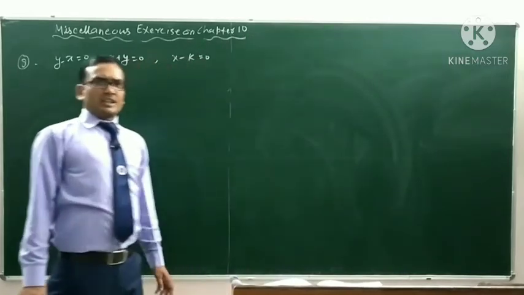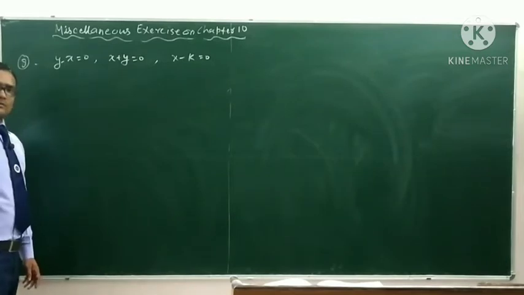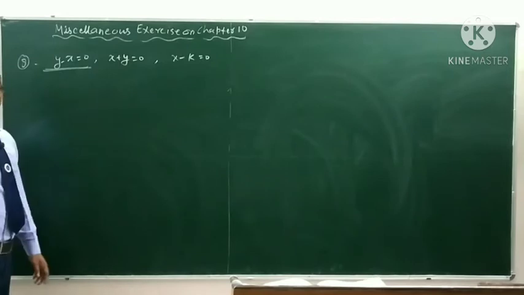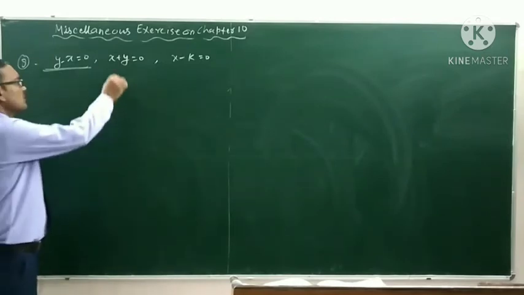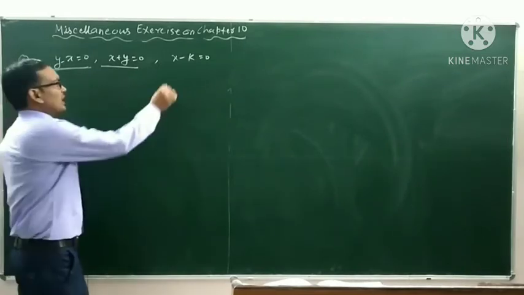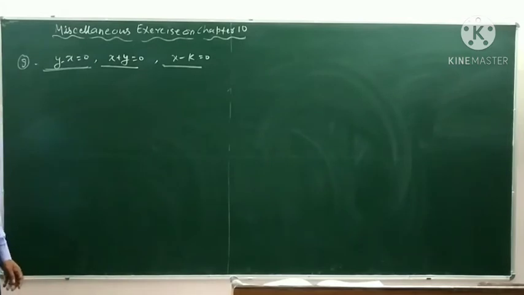Find the area of the triangle formed by the lines y minus x equal to 0, x plus y equal to 0 and x minus k equal to 0.